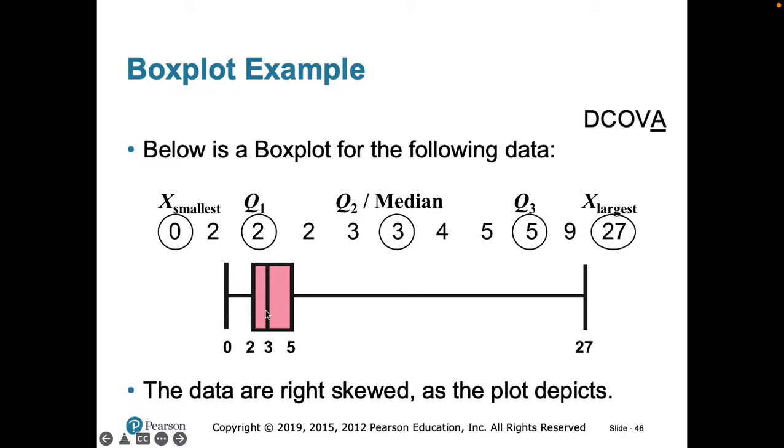And the box plot represents just that, because most of your values are going to be towards the lower numbers, 0, 2, 2, 2. 27 is an outlier, and you can see that very clearly in this box plot. 27 is way out there compared to where the rest of the values are. And you can see how the right side of the box plot is longer than the left side of the box plot.